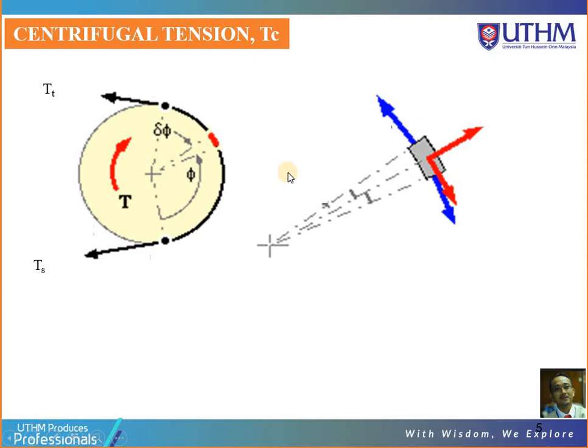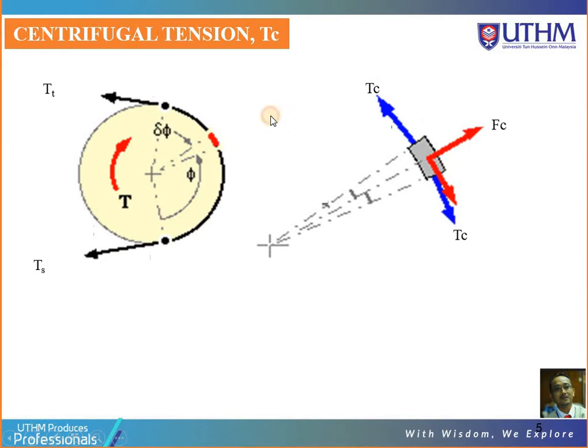What is centrifugal tension? I'm taking out this part of the belt and putting it over here. Let's say this is part of the mass of the belt system. When it moves around the pulley, it will create the centrifugal force outwards. The derivation of the formula will give the centrifugal tension at both sides of the belt.